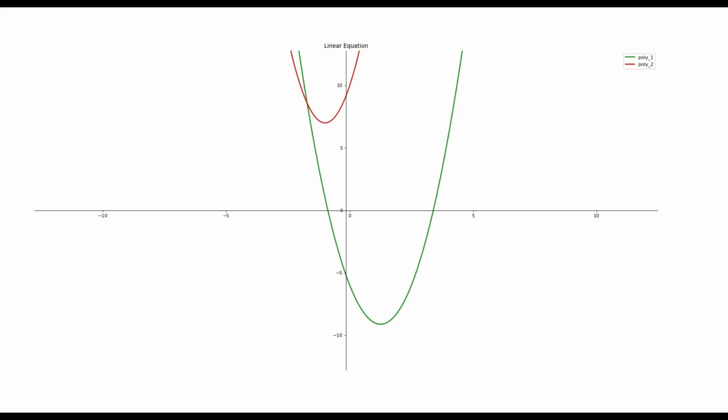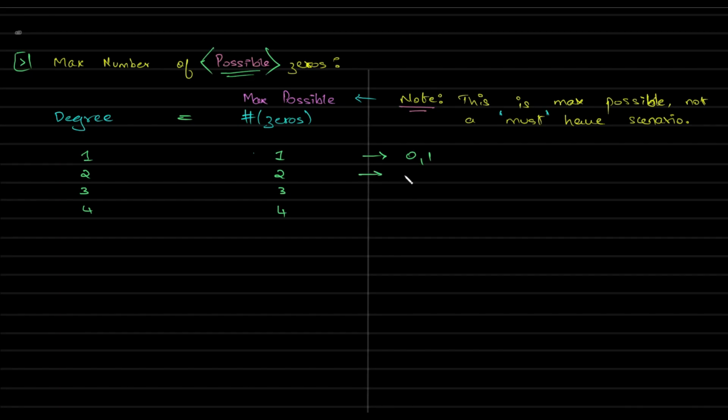So in this case, the number of zeros were 0 and 2. But I'll give you one example wherein there is only one value, 1 zero. Technically they call it 2, but numerically it's just 1. So again, here the maximum possible zeros is 2, but you can have no zeros at all.